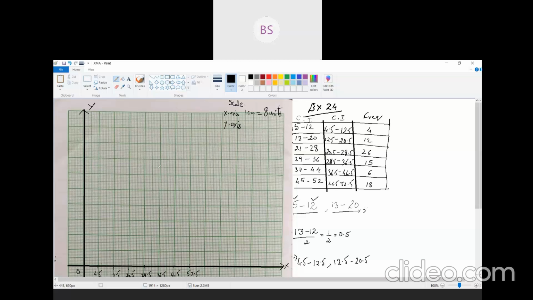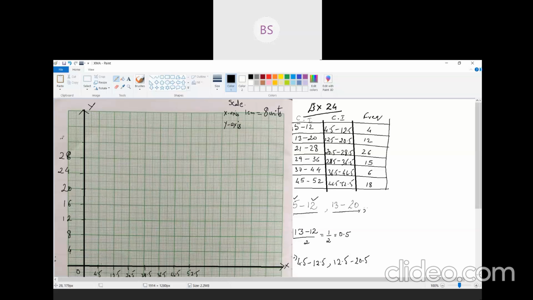Here we will have the same scale as in the previous graph, so I'll take it as 4: 4, 8, 12, 16, 20, 24, 28 and 32.